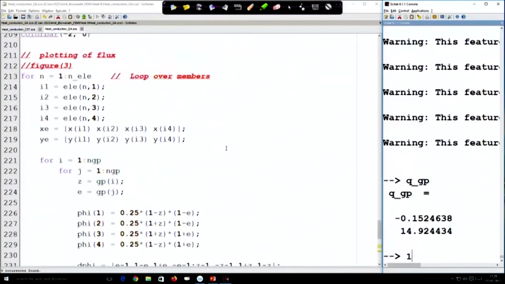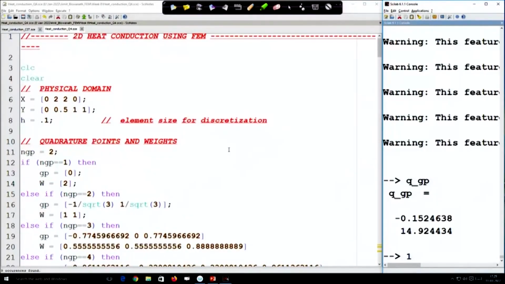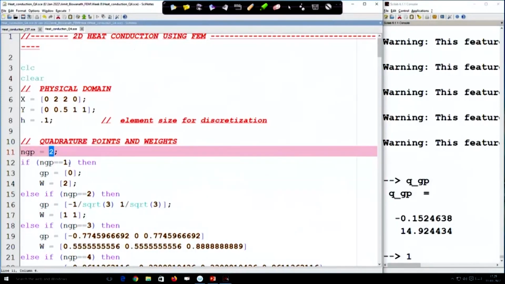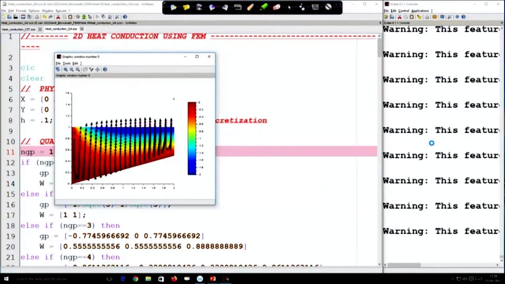Okay, so now you can include any other different kinds of element in this code. You can check by changing the number of Gauss point integration rule. If we take the 1 point integration rule, let's do the same and see the answer.